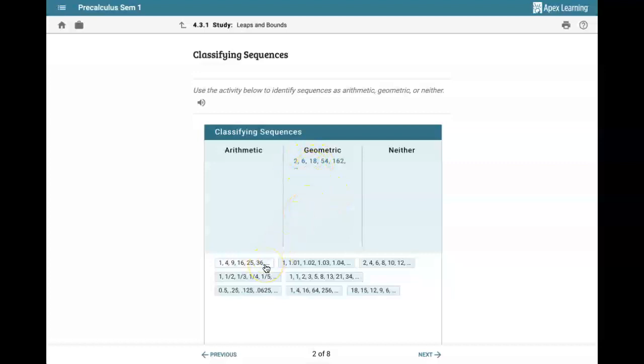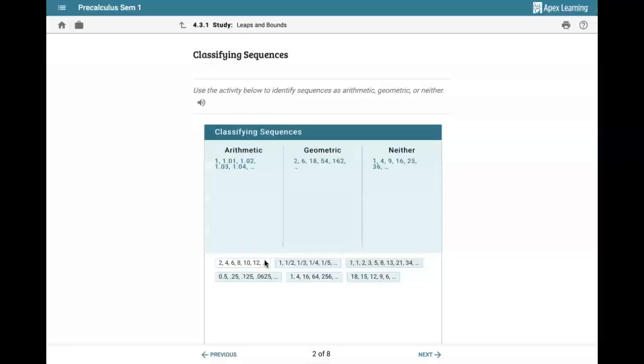If I look at this next one, 1, 4, 9, 16, there's really no pattern. This next one, we're going to add 0.01 every time, so that makes it an arithmetic sequence.